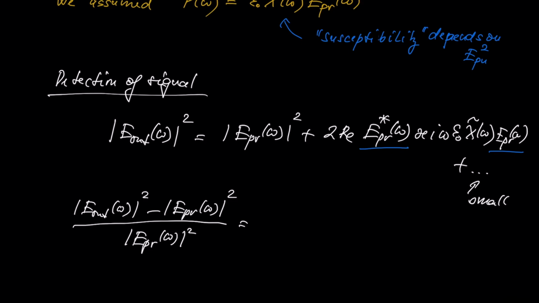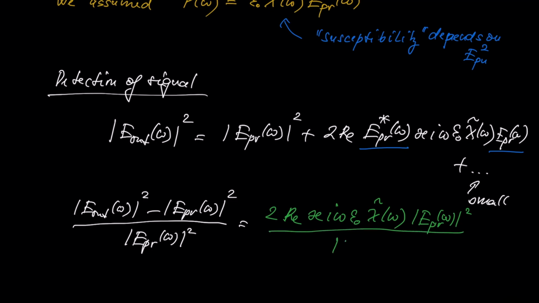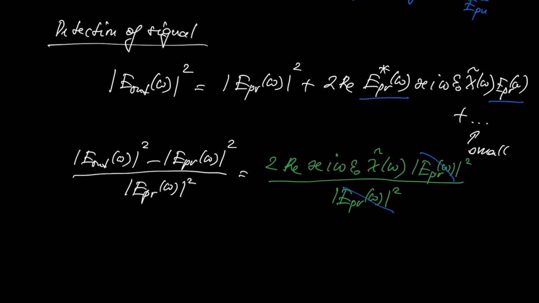So what we get for this difference is two times the real part of kappa i omega epsilon 0 chi tilde, and here we have the absolute value of E probe squared, so it's a real number and it does not interfere in any way with the real part here. This is divided by E probe omega squared, which is again a real number, and these two can be cancelled. So in pump probe we are actually really detecting the chi tilde.